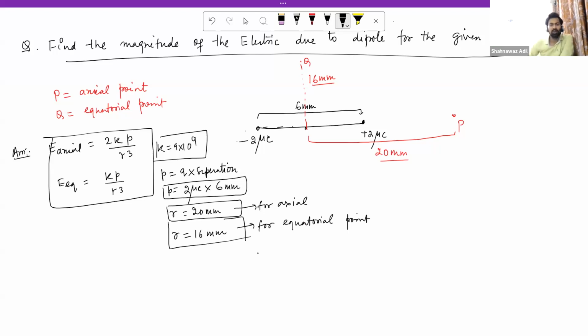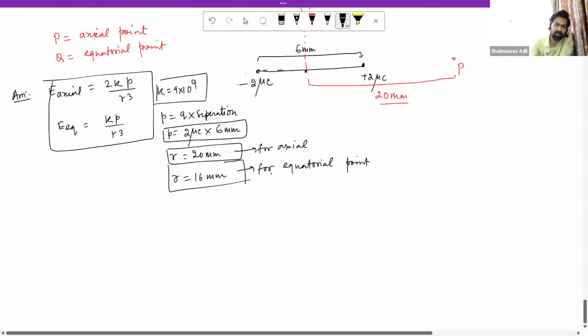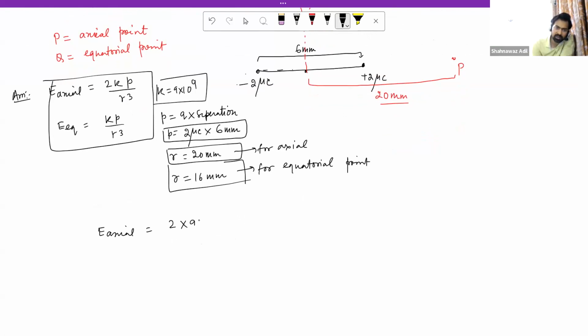If we put all these values in the formula, E axial is 2, K is 9 into 10 to the power 9, P is 2 into 10 to the power minus 6 coulomb times 6 millimeters, which is 10 to the power minus 3, and r cube, where r is 20 into 10 to the power minus 3, cubed.